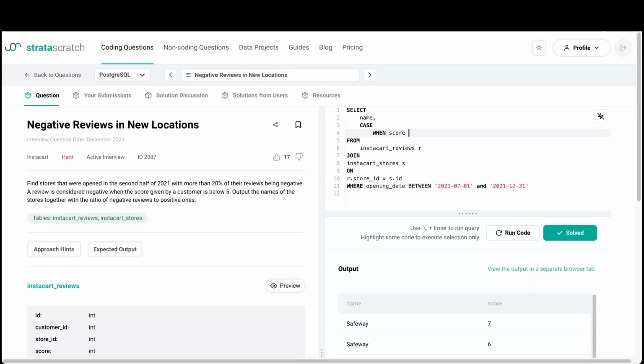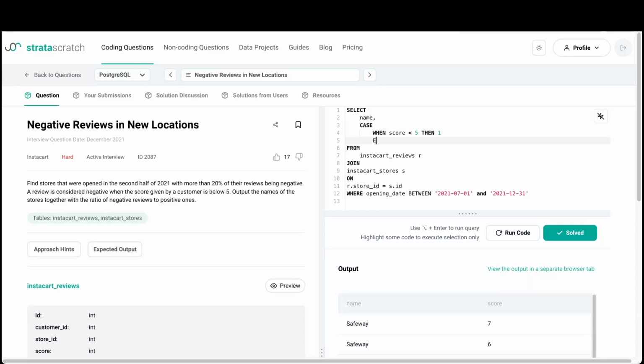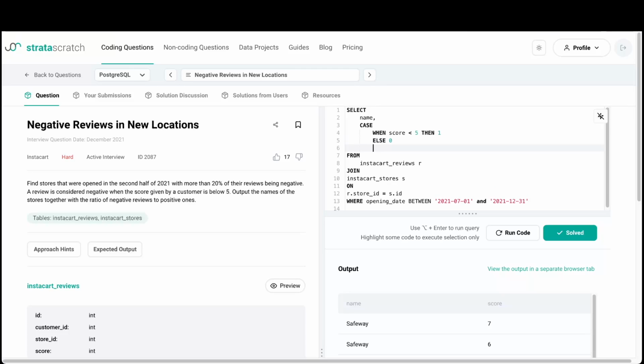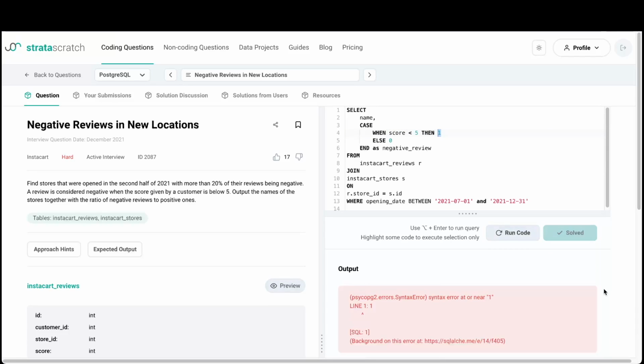When the score is less than 5, then we'll just give it 1, else 0. And we'll just give this column the name negative review, because any score that's less than 5, we're giving it a value of 1.